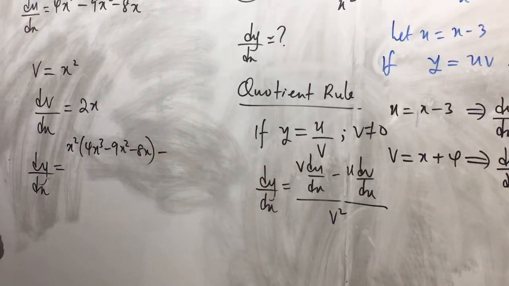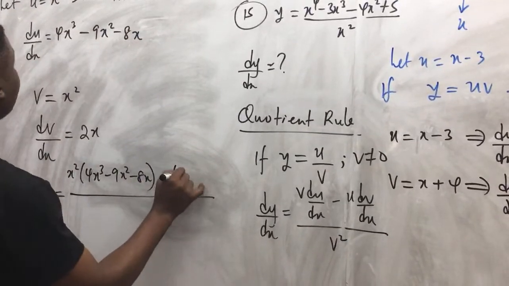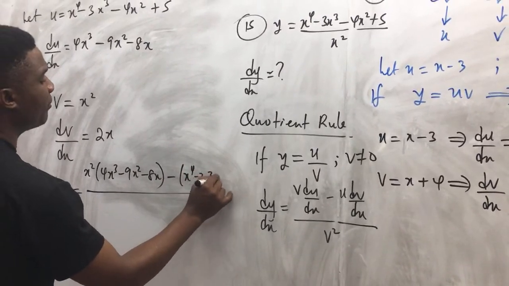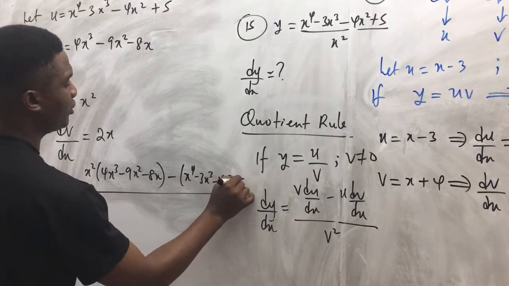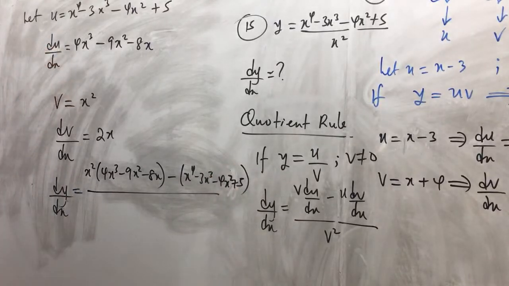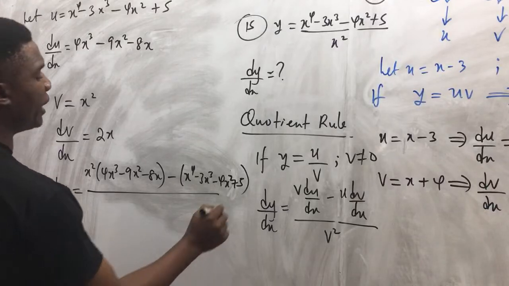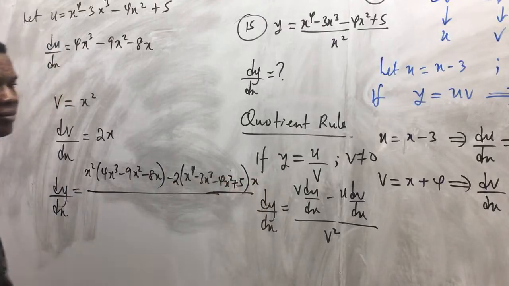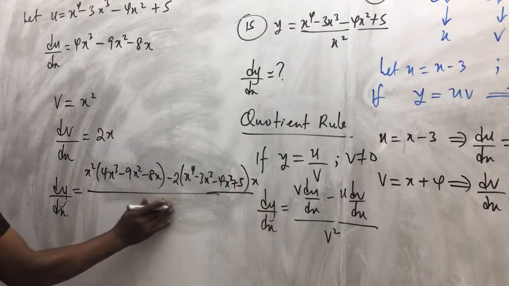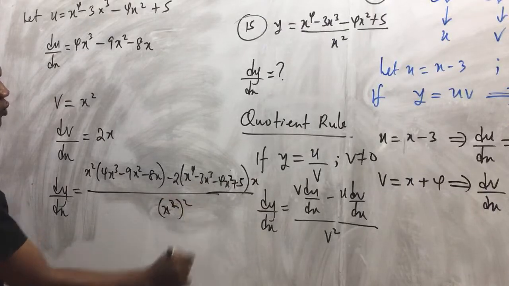Your u is in bracket x raised to the power 4 minus 3x cubed minus 4x squared plus 5, okay, plus 5 times your dv. Your dv/dx is 2x. So I will bring my 2 here and put here x, okay, all over v squared, and your v squared will be whatsoever v is, which is x squared all squared.